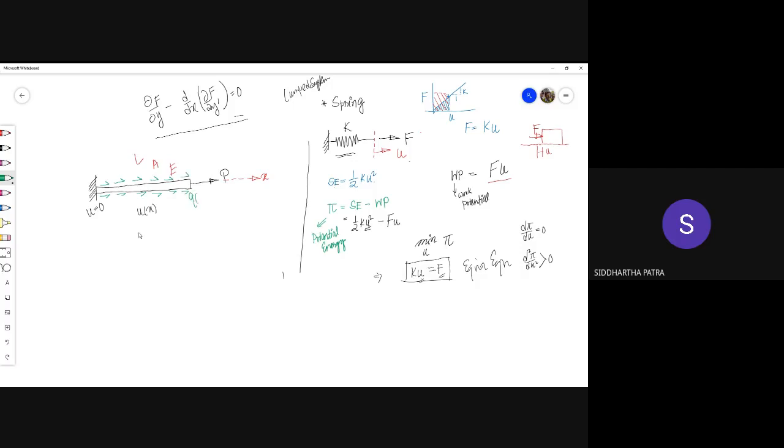We'll call this Q of X, and by that we are allowing Q to be a function of X. So the distributed load need not be uniform, and for that matter, it need not be everywhere within the bar. It can be only at a very restricted segment, which means for the rest of it, it is 0.